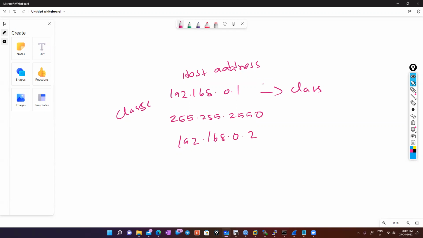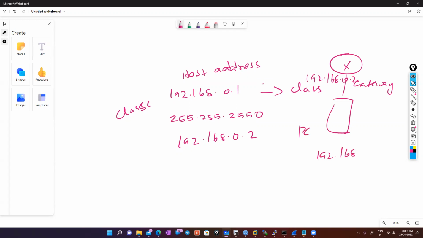So how does this physically look? I've got a gateway, something like a router with a gateway. Here I have configured the gateway. And this is my PC. And this is my IP address. So both should be in the same range. That's a basic criteria. But how are we calculating the subnet mask?